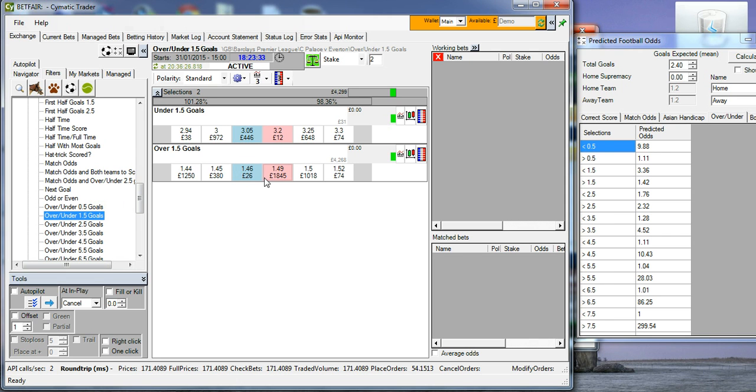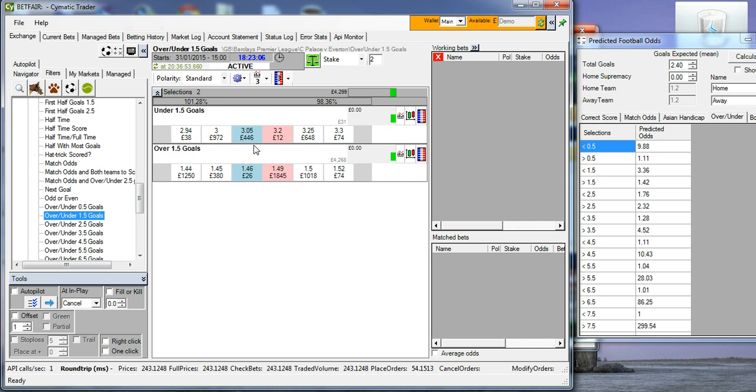Under 1.5, over and under 1.5 goals, we've predicted that it should be trading at 3.36, and it's a little under that. So possibly an opportunity there to lay the under 1.5 goals, looking for the price to come back up to 3.36.